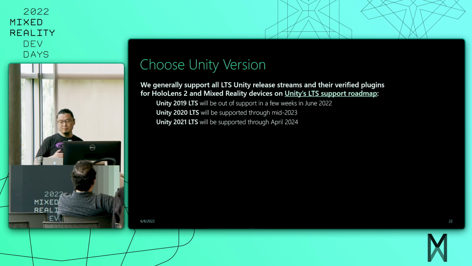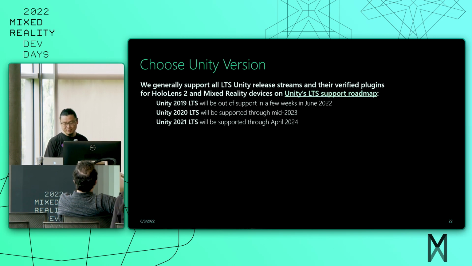So we commit to receive feedback and bug reports for HoloLens 2 and mixed reality devices, and we will work with our customers to find a solution and release it into the next version of our plugin. That said, we still sometimes hit some blocking issues on HoloLens 2.